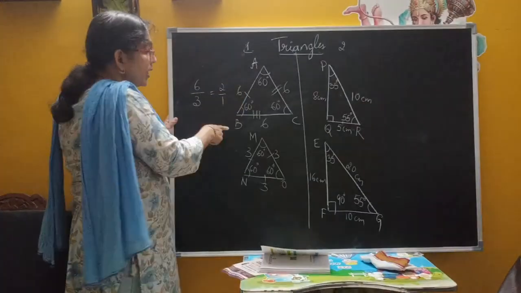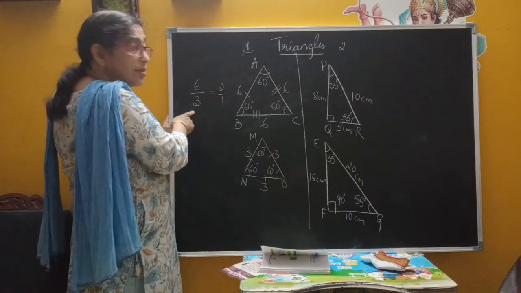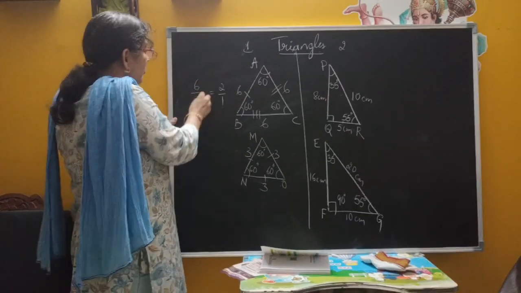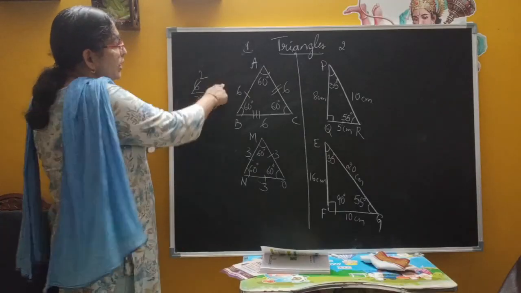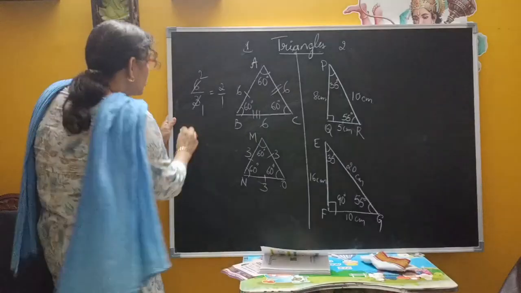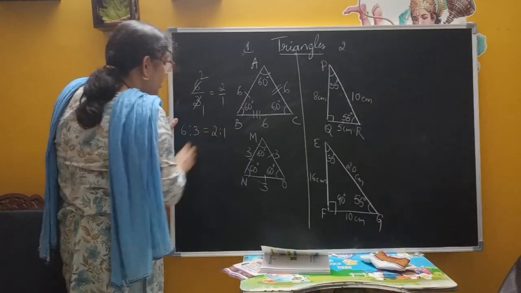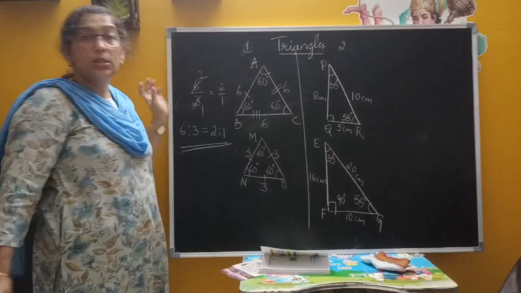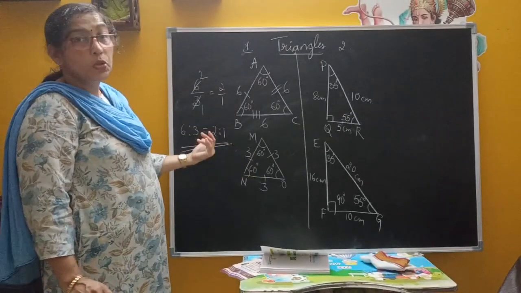Ratios are equal. 2 threes are 6, 1 three is 3. When you simplify, you will get 2 by 1. So 6:3 is equal to 2:1. Both the ratios are in proportion.